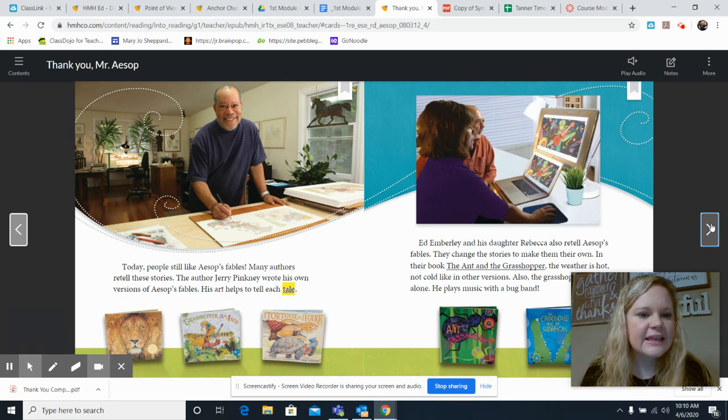So looking at this page, look at those stories down there at the bottom. Do you know any of those stories? I think those might have been the ones that were on the cover too, right? Did we read about the grasshopper and the ants last week? That was one of the fables that we read last week, wasn't it? So that was an Aesop's fable.